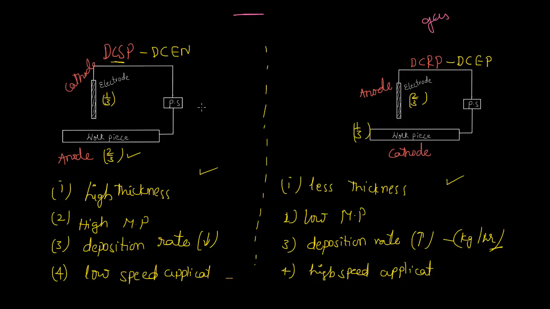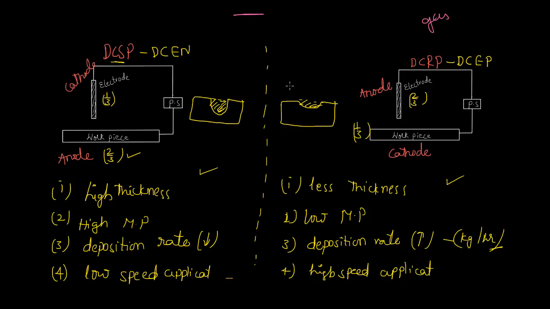Okay, so what are the thickness profiles? I will draw here. If this is the workpiece, more thickness can be welded with DCSP, and for this DCRP current, less thick materials.